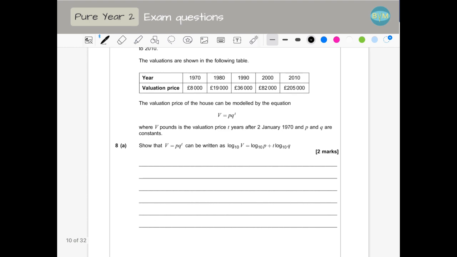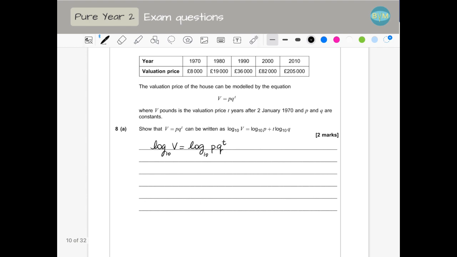If we take logs on both sides, we have log to the base 10 of V is log to the base 10 of P, Q, T. And then we are going to use the properties of the logs. The log of a product is the sum of the logs.